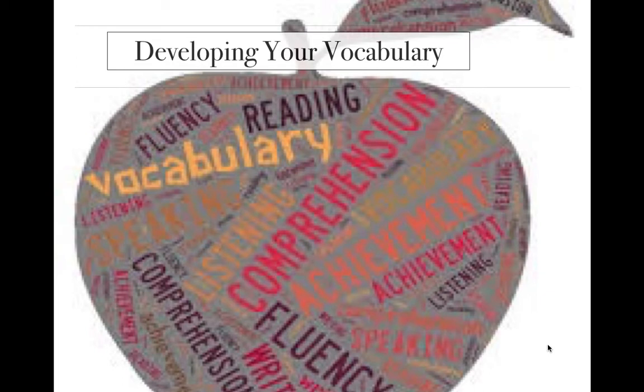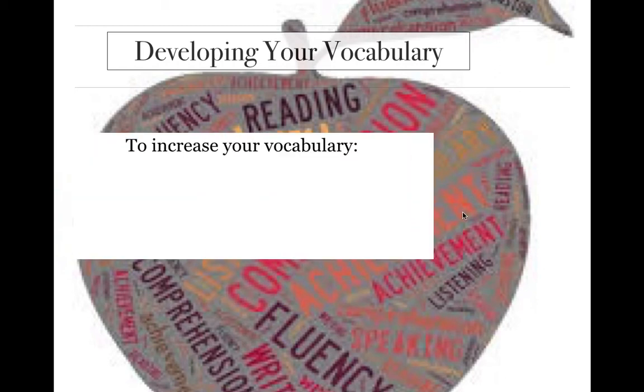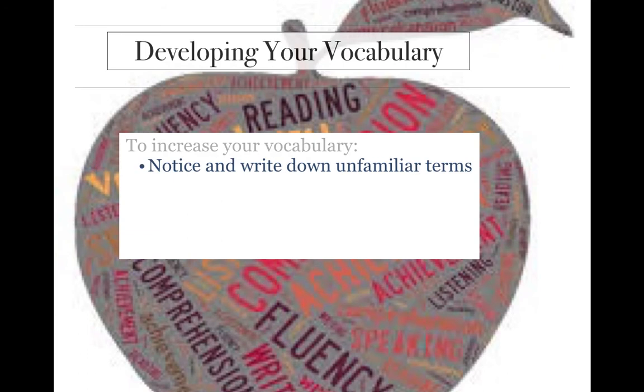So in the next part of our book, and I like this little apple, developing your vocabulary, comprehension, achievement, fluency, vocabulary, reading. Increase your vocabulary. Notice and write down unfamiliar terms. Think about what context they're in. A lot of times that's the way we generally try to figure out a word, by the context.